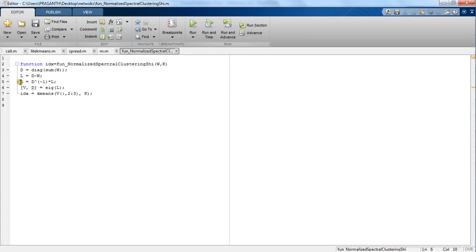This is the specific function of the Shi-Malik algorithm, where the Laplacian is calculated and the eigenvalues are formed, and finally the k-means is taken and given as the output, and we obtain the clusters 1 and 2.